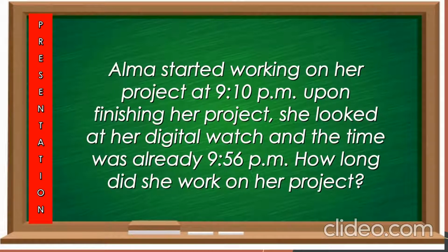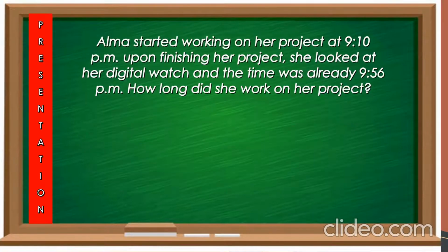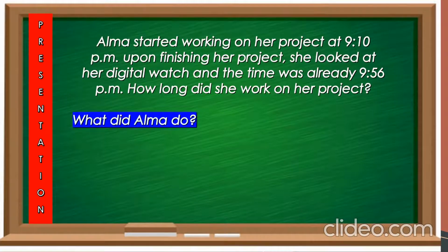Alma started working on her project at 9:10 p.m. Upon finishing her project, she looked at her digital watch and the time was already 9:56 p.m. How long did she work on her project? Okay, what did Alma do? Alma started working on her project.